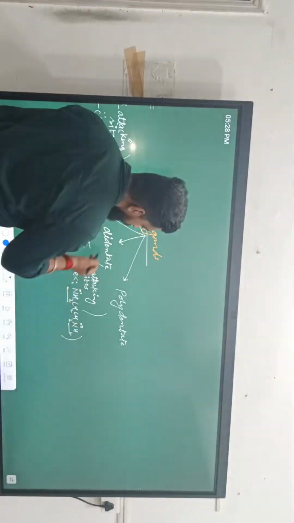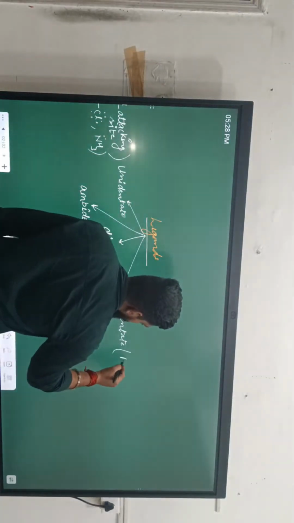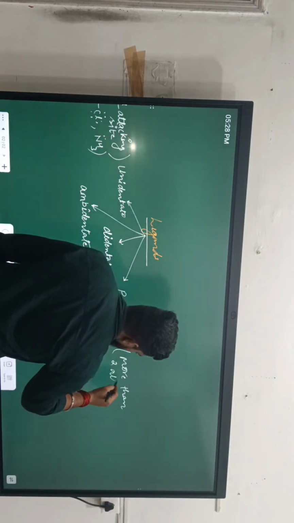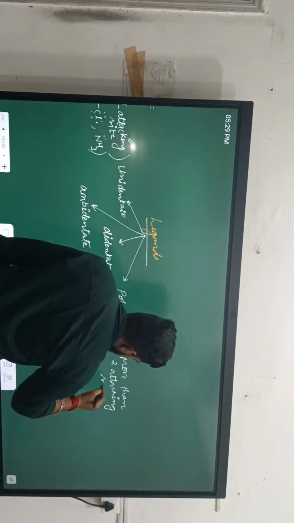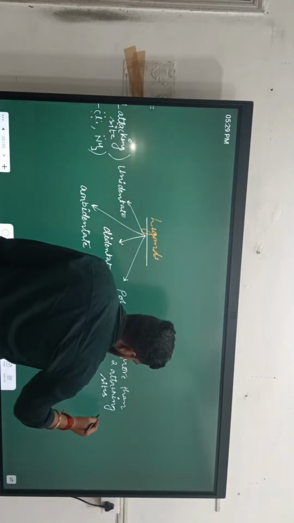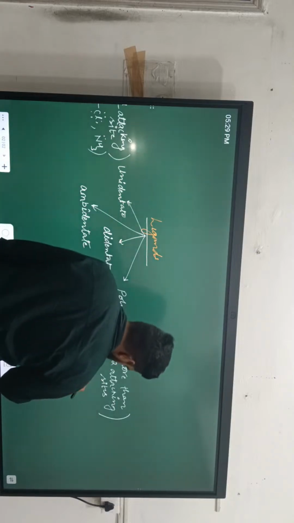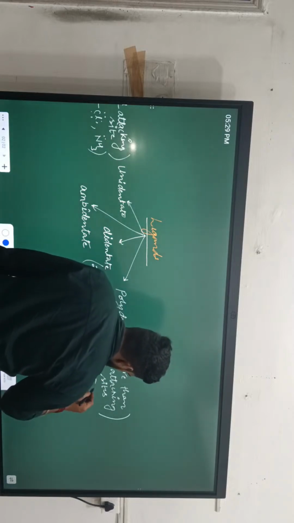So it is known as a didentate ligand. Polydentate ligands have more than two attaching sites. Example, EDTA.